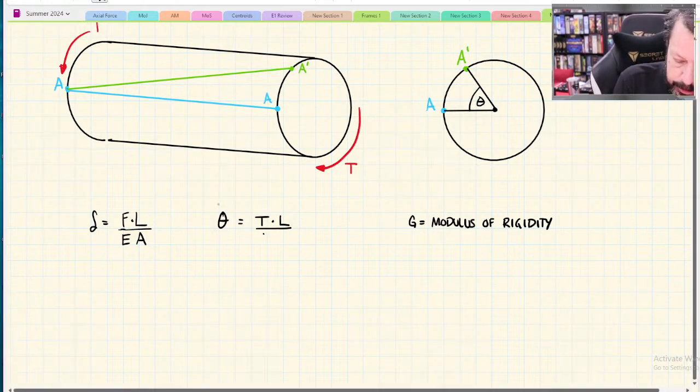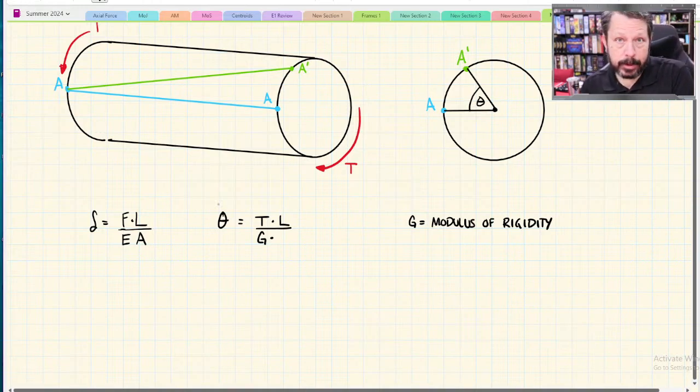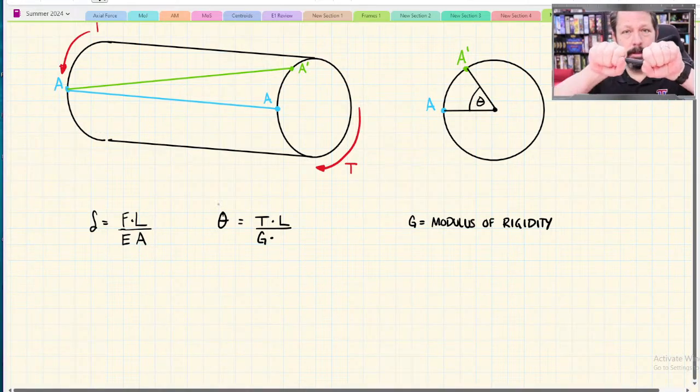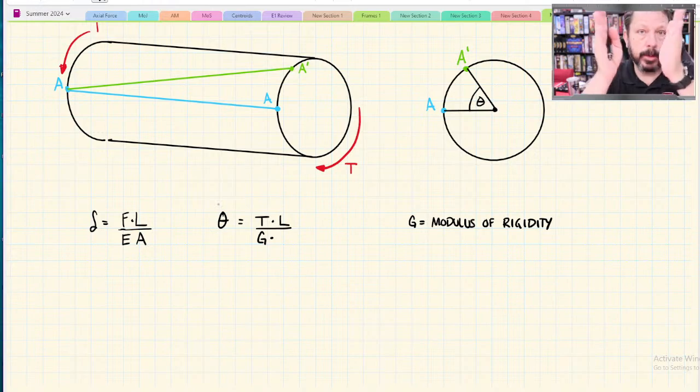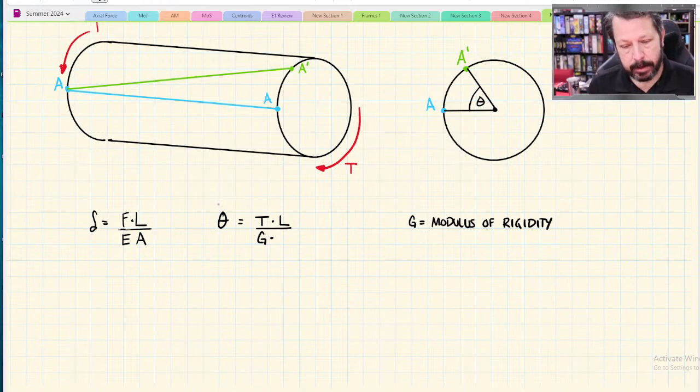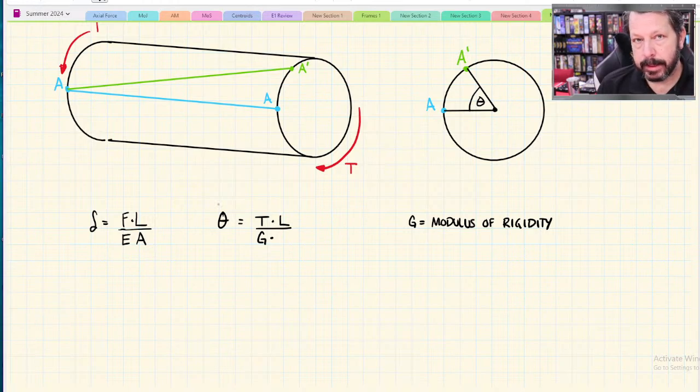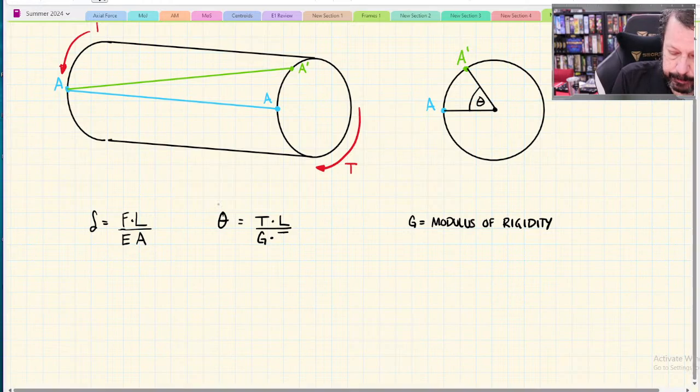So we will put G in here. And then A was our cross section, because the stretching was a force perpendicular to that cross section, or compressing it, either way. Here it's not A. What we've been using for the cross sectional property for torsion is J.